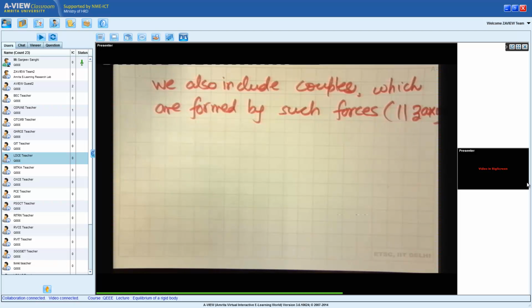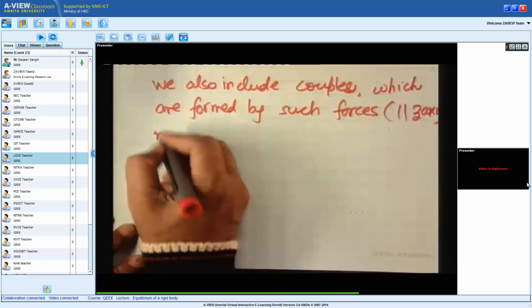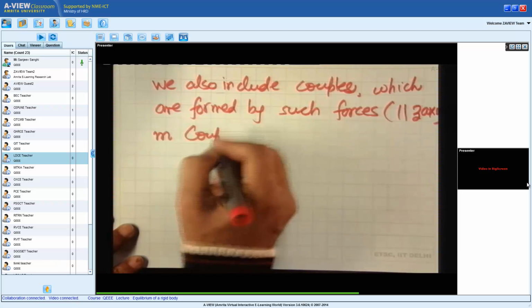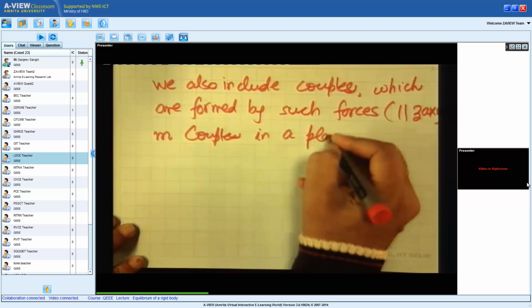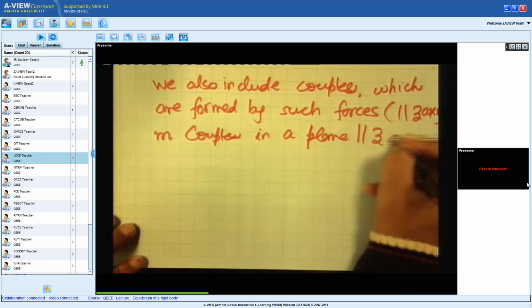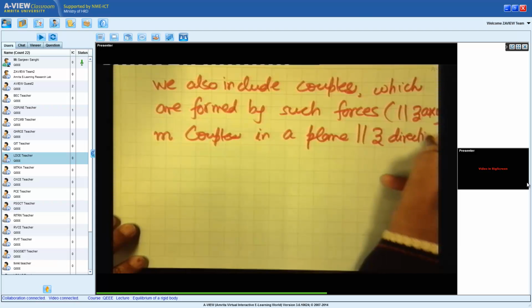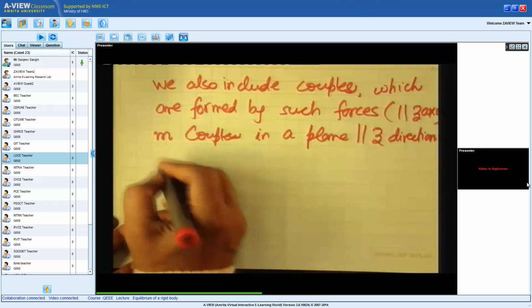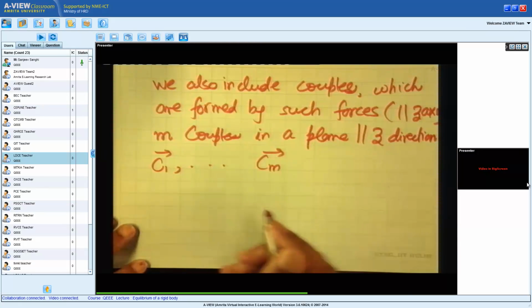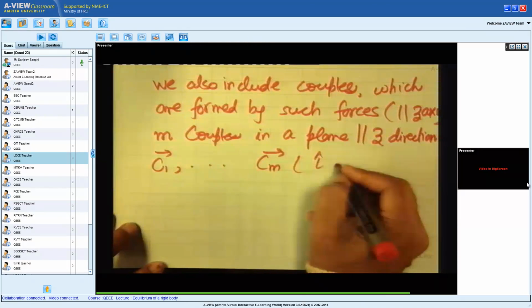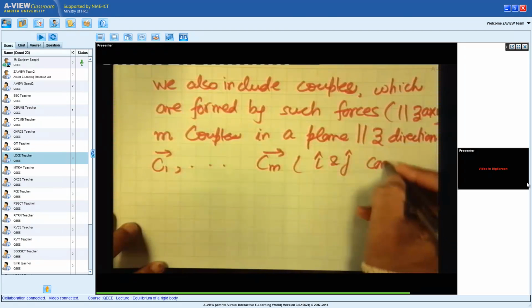And what this will mean is that the m couples which we include in our system are in a plane parallel to the z direction. That is, we have C1, C2, up to Cm couples which have only i and j components.